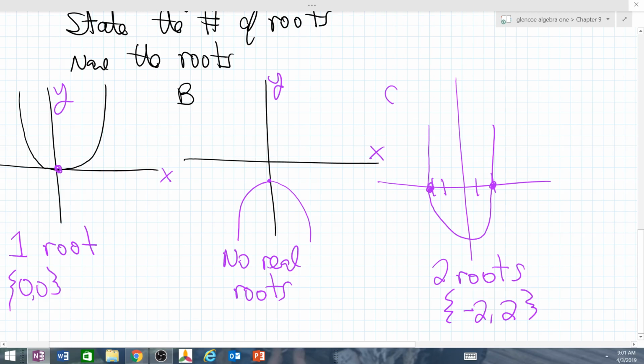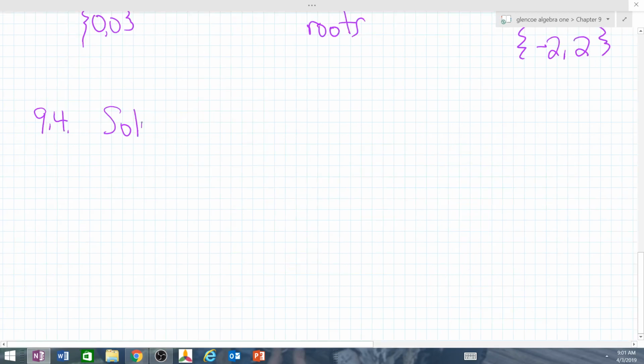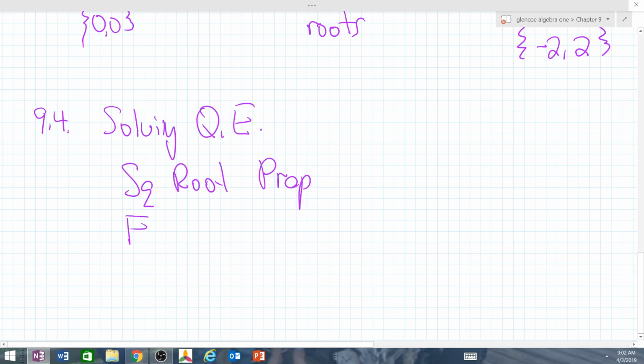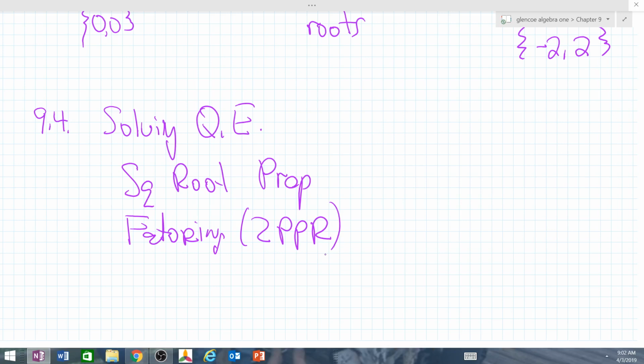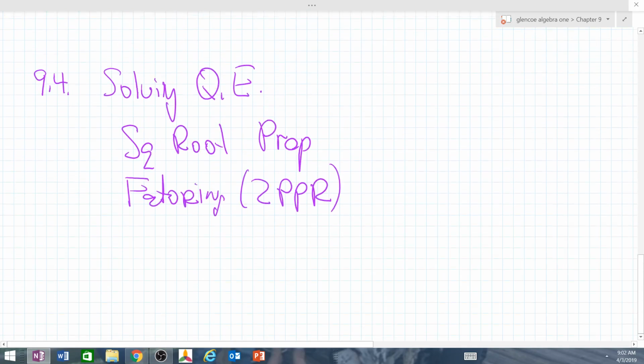9.4, we talked about solving quadratic equations, and I'm going to abbreviate it as QE, by the square root property and by factoring. And remember, along with the factoring goes the zipper. Okay, so we'll start off nice and easy. If I were to say, solve x squared equals 100.